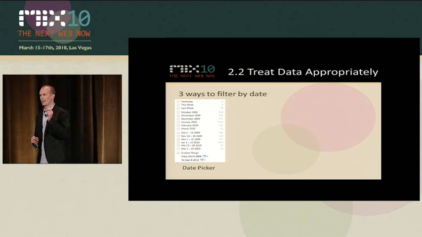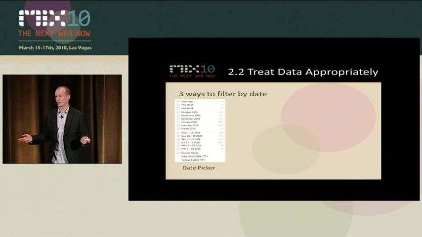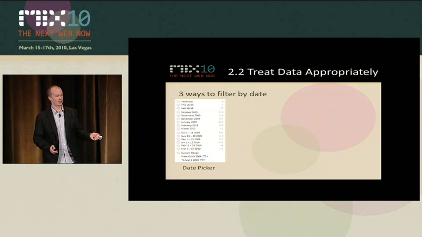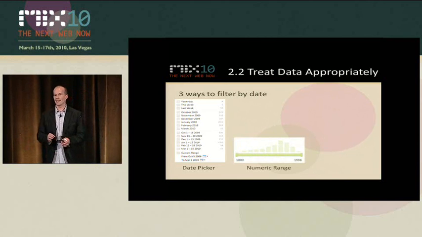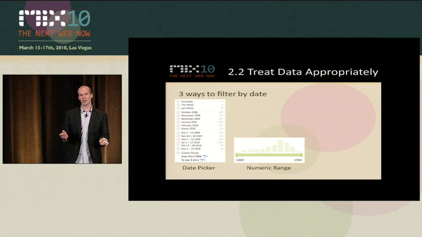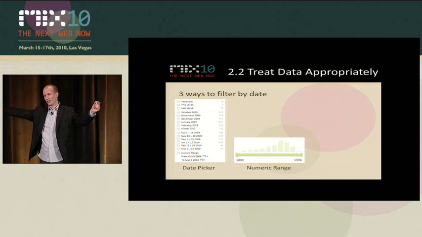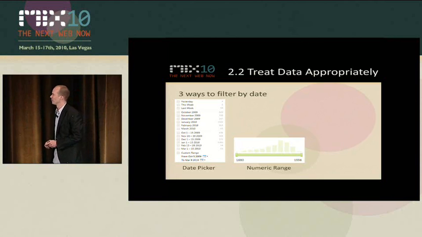I can filter by July 4th to August 23rd if I want to. That's great for certain collections. But maybe your collection is art history, in which case the specific date isn't that important. It's really about the years. So in this case, creating a numeric range slider where you can just set the years and go back and forth on that is appropriate.